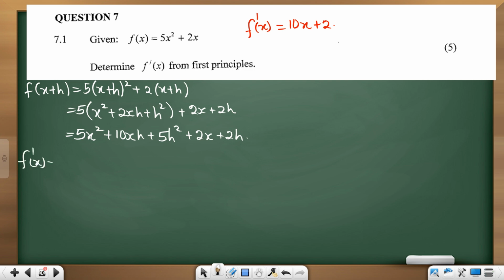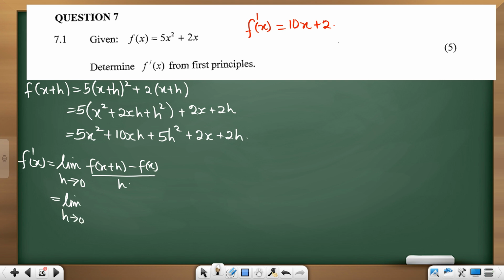Then I bring in my formula. F prime of x equals the limit as h approaches what? 0. f of x plus h minus f of x over what? Over h. Remember, we keep writing the limit.